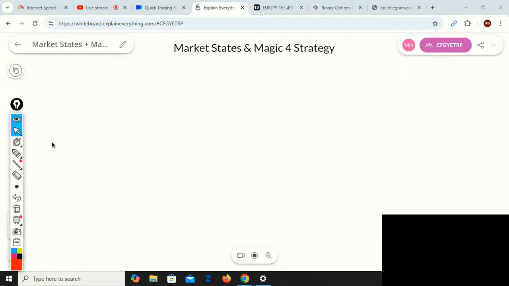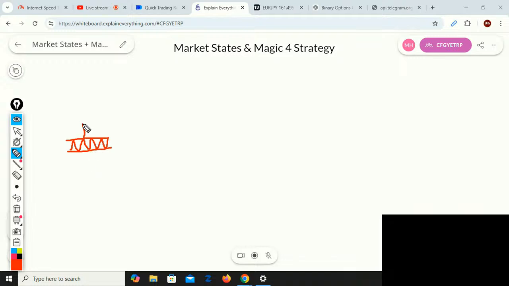Okay, so here you have what we call a narrow state. The price is moving in a narrow state up and down. You can call it consolidation, ranging market, anything.